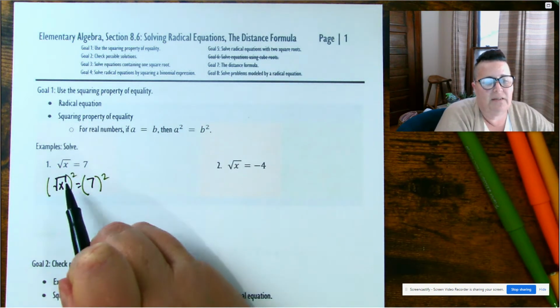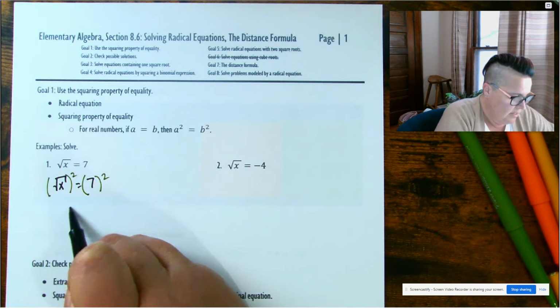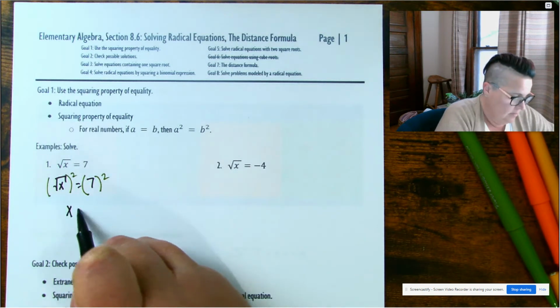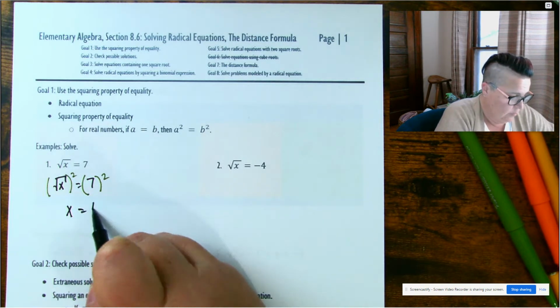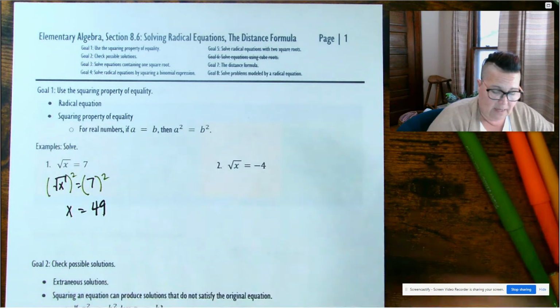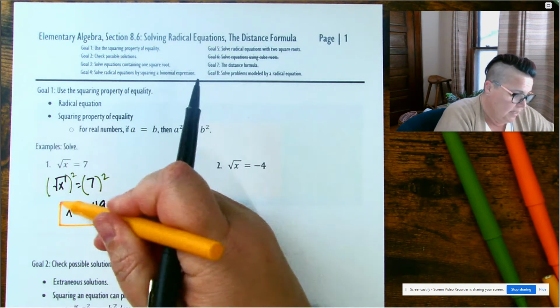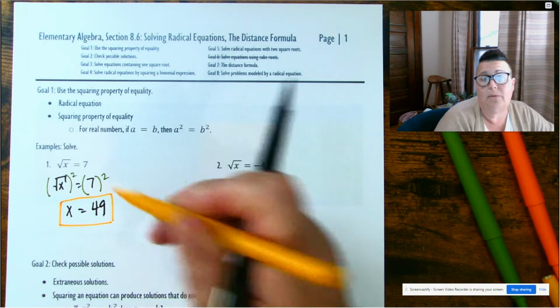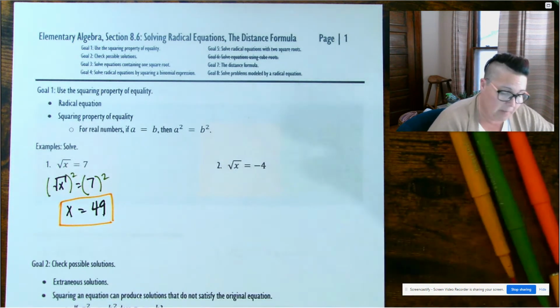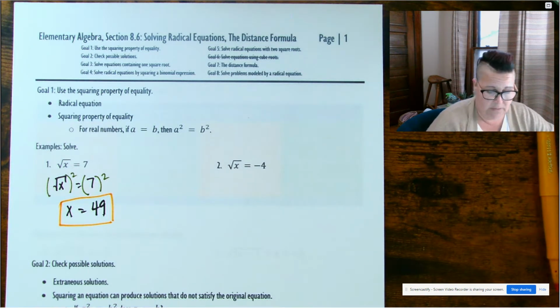So the square root of x, quantity squared, is just going to give me x, and 7 squared is going to give me 49. So this tells me that x is equal to 49. And that works. If I were to take the square root of 49, that would give me 7. Keep in mind we're using principal square roots here, which means the positive ones.